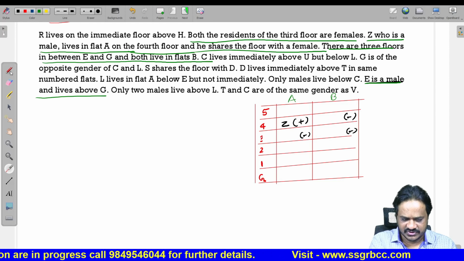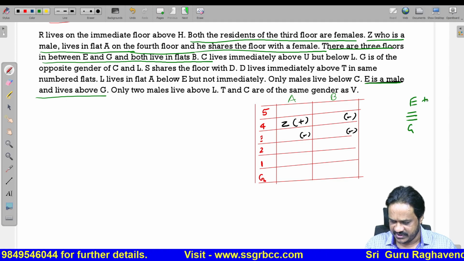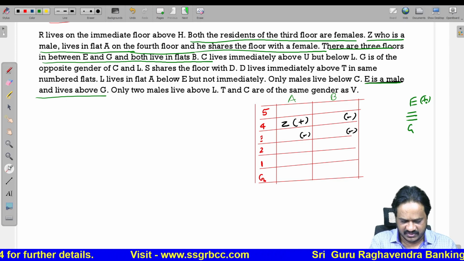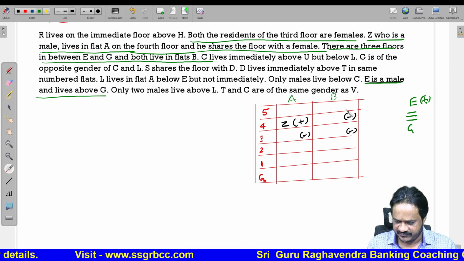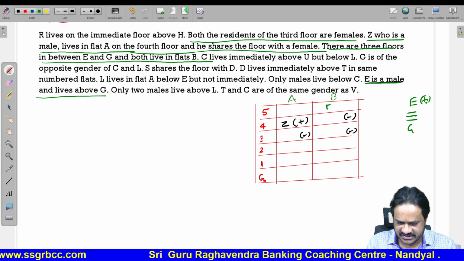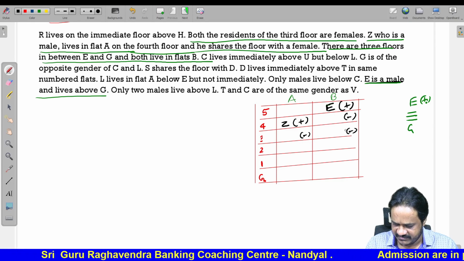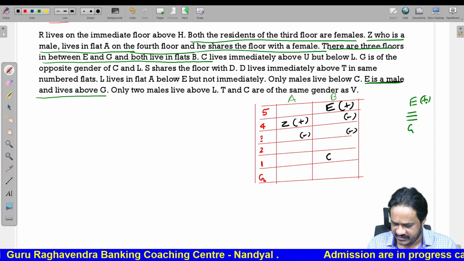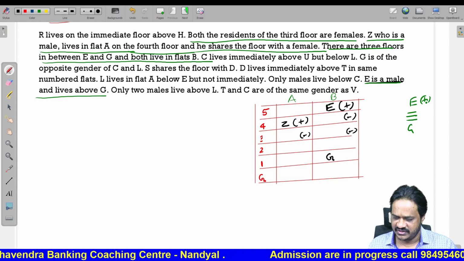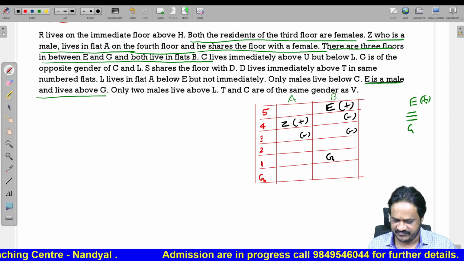Definitely E should be above G with a 3 floor gap, and they should come in flat B. So this one is E, and E is a male. Take a 3 floor gap, then you write down G. We don't know the gender of G.